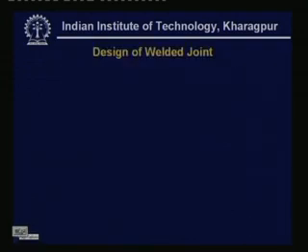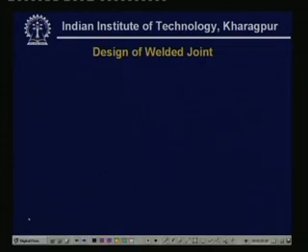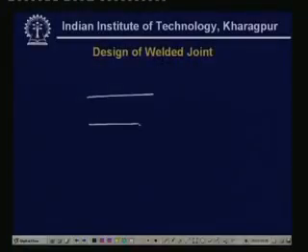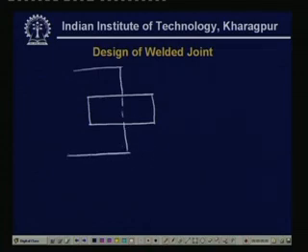Now, with this data, let us try to design some of the welded joints for variable loading. Let us first consider this case. Again, we have a plate which is connected to another plate by welding.